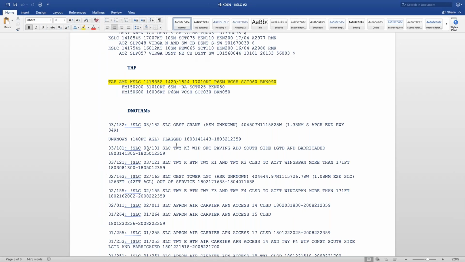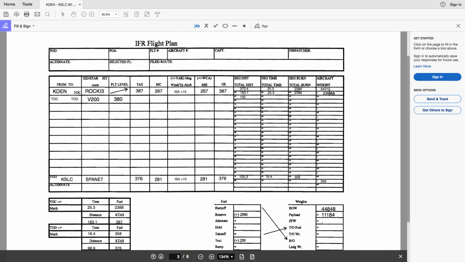So let's go back to our IFR flight plan. Let's do this math really quick just to figure out what weight we're going to use. 64,215 minus 2,388 is 61,827.